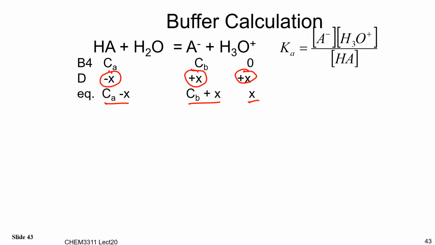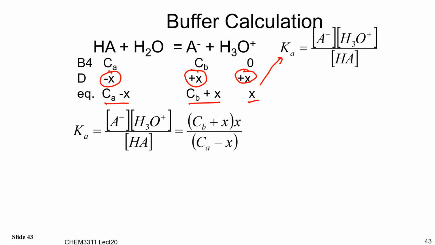We plug that into our equilibrium expression, and then we apply the small x approximation. Only now we can apply it twice, because if it were just the weak acid calculation, we'd be worried about adding X to Cb. But remember, we're even less acidic than we were for the weak acid. Surely we can ignore it when we're talking about a buffer, where it's been made less acidic.